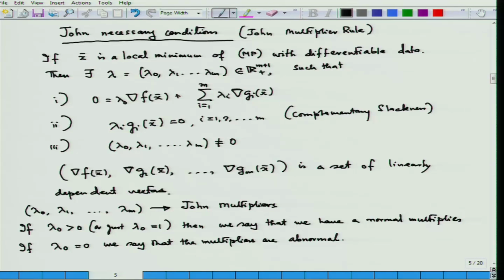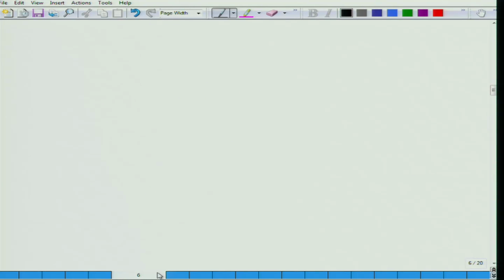There could be more than one multiplier satisfying this. I could get a set of multipliers where lambda naught is 0, and I could possibly also figure out a set of multipliers where lambda naught is 1 or strictly greater than 0.